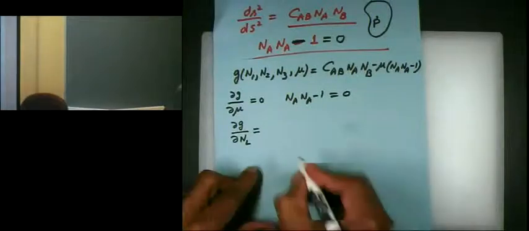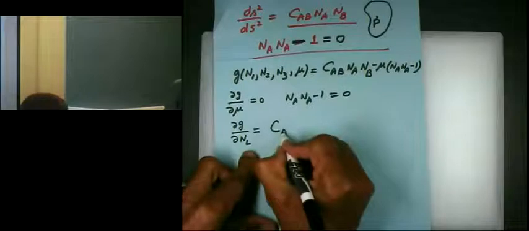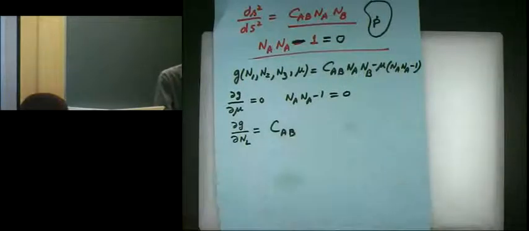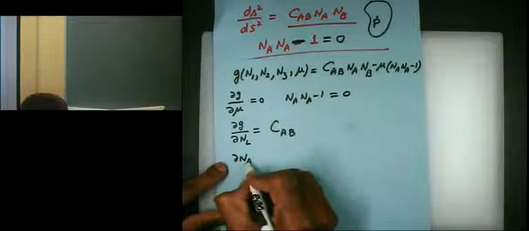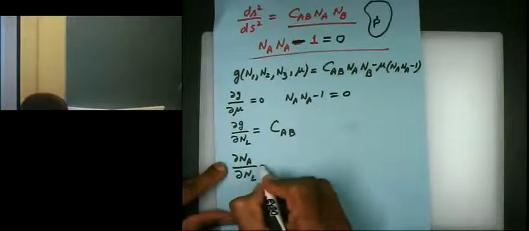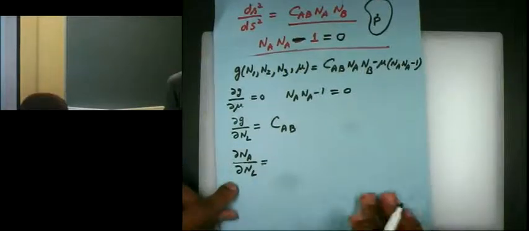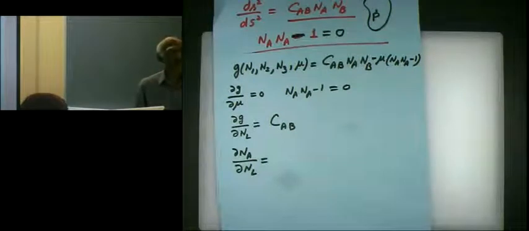So let's differentiate it. C is not a function of n, so C stays there. What is the derivative of nA with respect to nL? nA comma L is just another way of writing delta nA over delta nL. Kronecker delta, we did that last time.